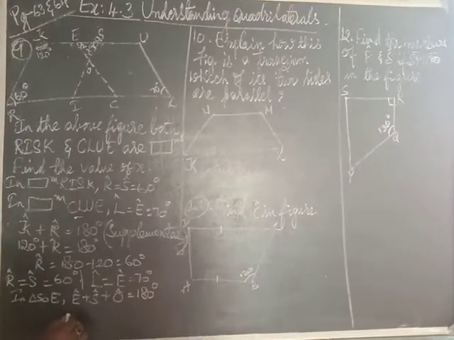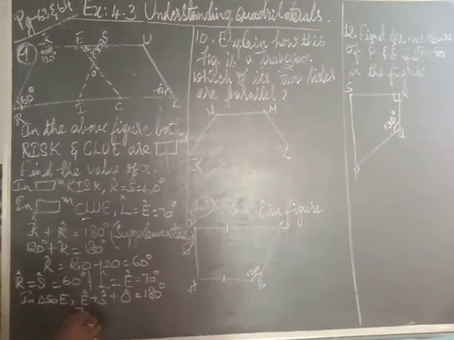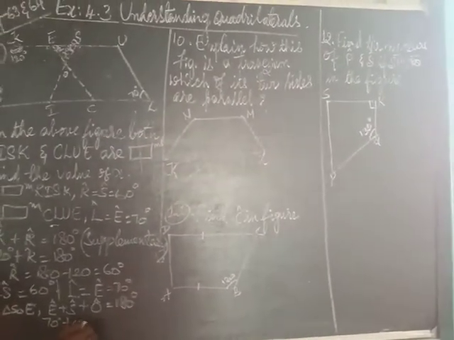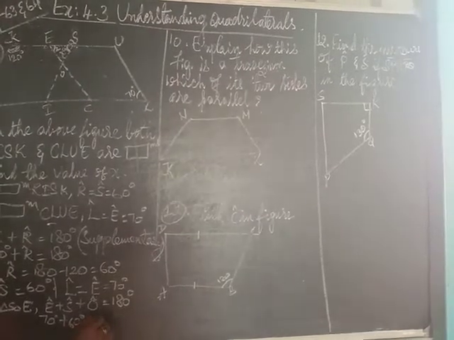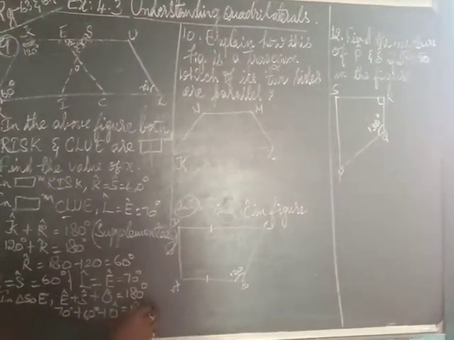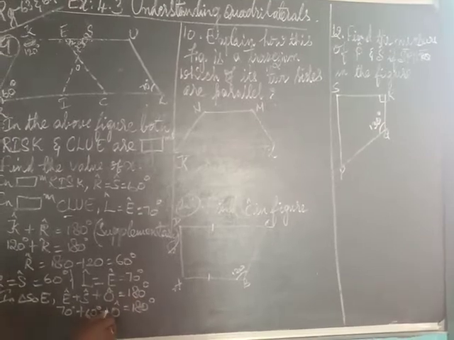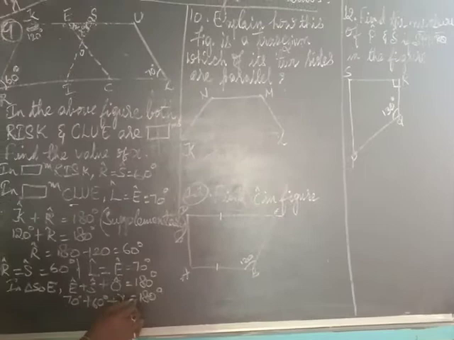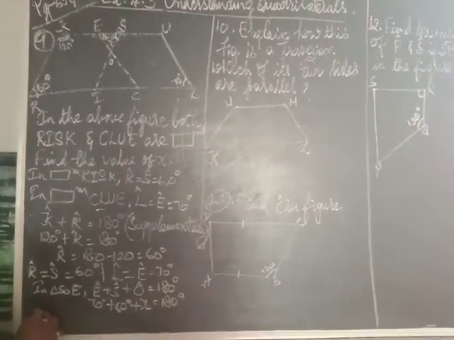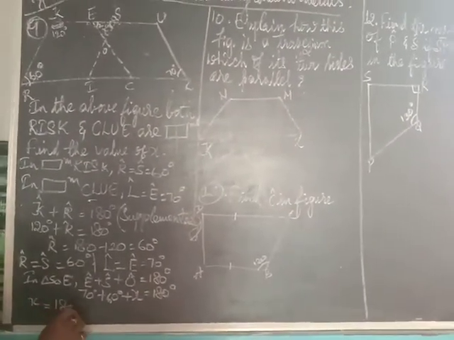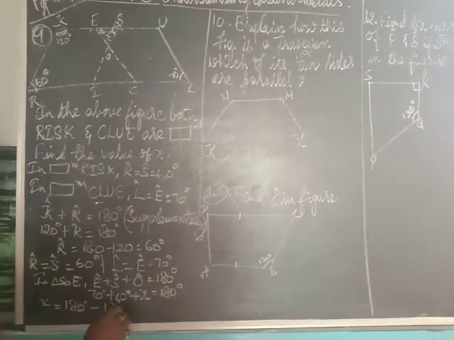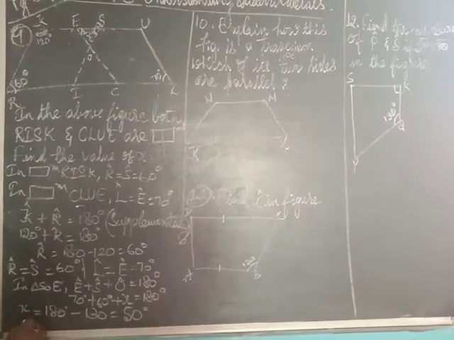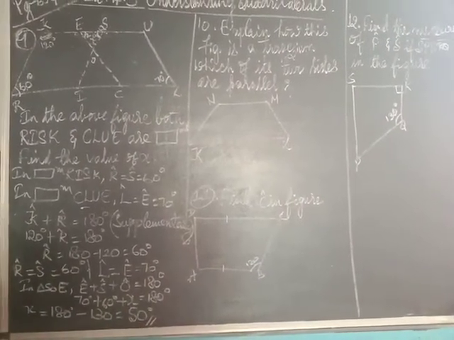Angle E is 70 plus 60 plus angle O is equal to 180 degree. Angle O is nothing but X. Therefore, X is equal to 180 minus 130, that is equal to 50 degree. So the value of X is equal to 50 degree. Understood children how we got this?